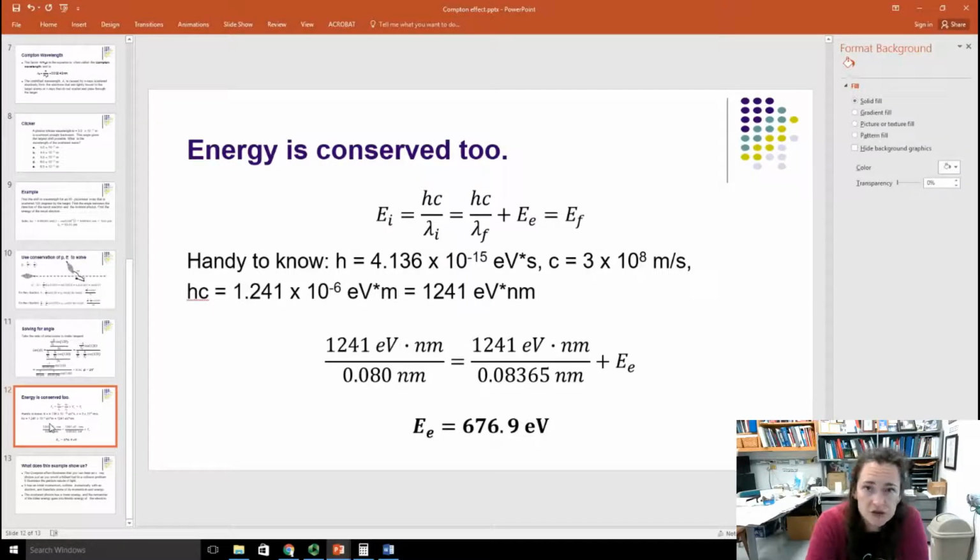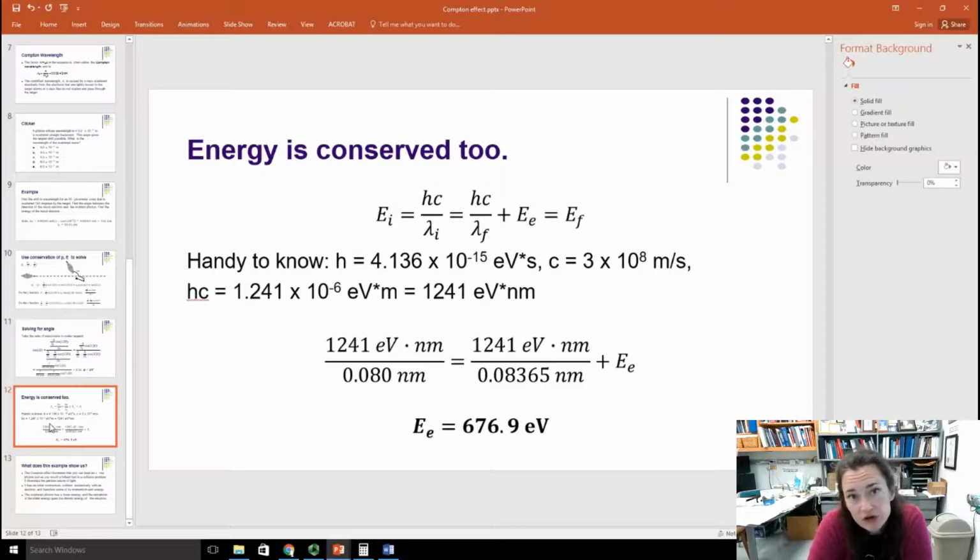If I multiply those two things together, sometimes that's a handy combined constant to know because it appears in a lot of equations. So that's 1.241 times 10 to the minus 6 eV meters, or 1241 eV nanometers. So now I'm going to plug in 1241 eV nanometers for hc in that equation.